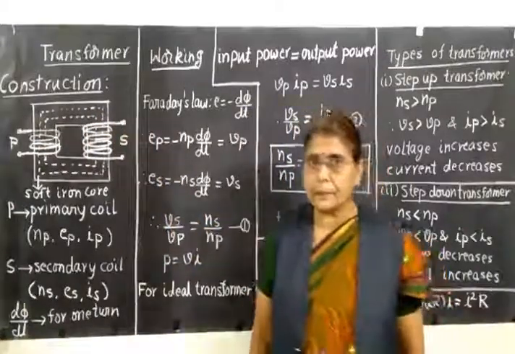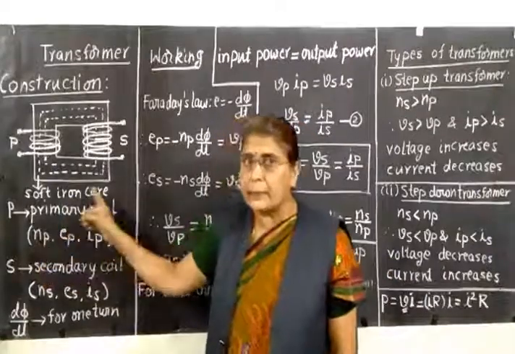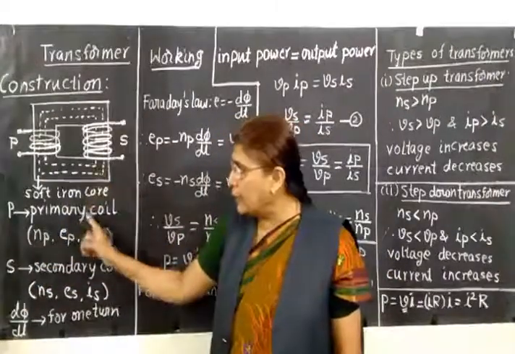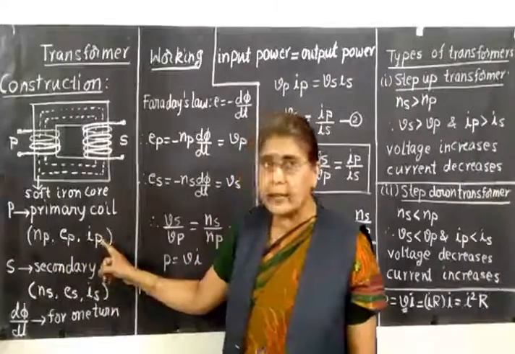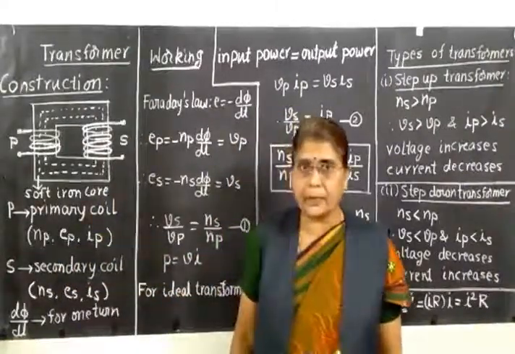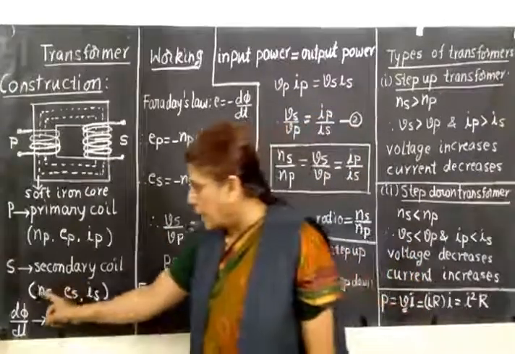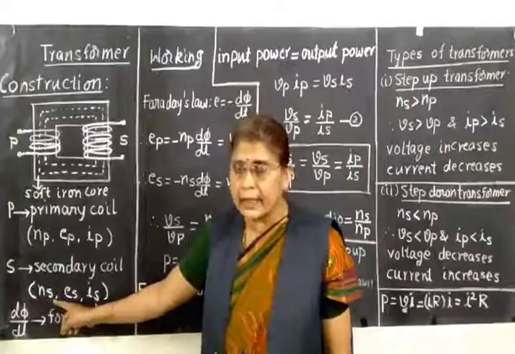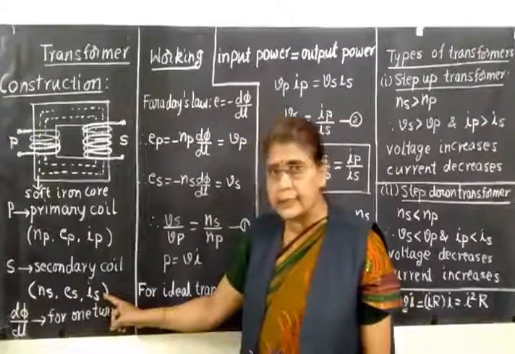Let us say NP is the number of turns in the primary coil. EMF induced in the primary coil we shall call as EP and IP is the current through the primary coil. The corresponding terms in the secondary coil are NS, the number of turns, ES, the EMF induced in the secondary coil, and IS, the current in the secondary coil.